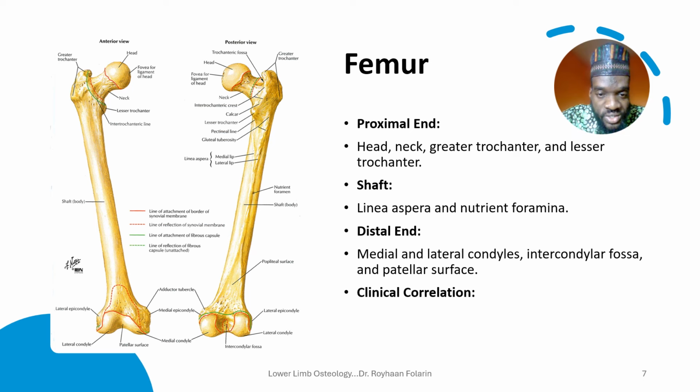It branches out proximally into two lines: the medial lip, which may also be referred to as the spiral line, and the lateral lip, which could also be referred to as the gluteal line.